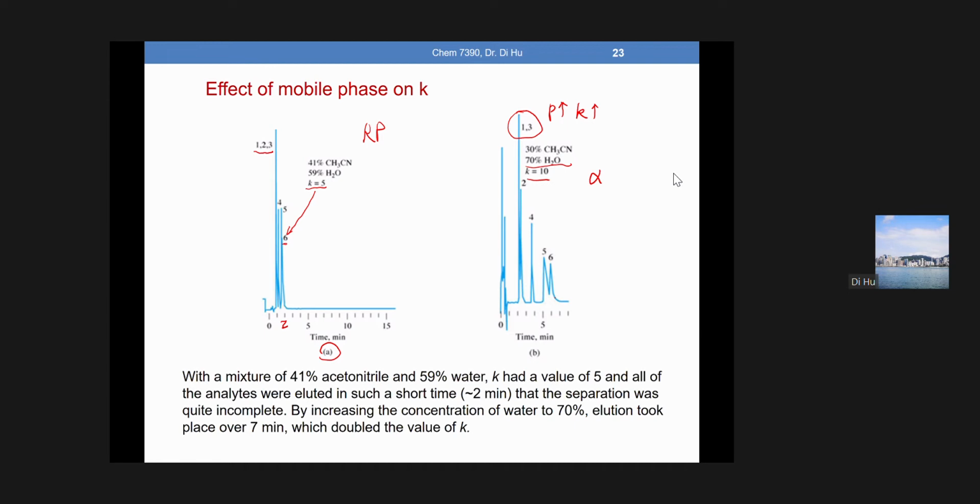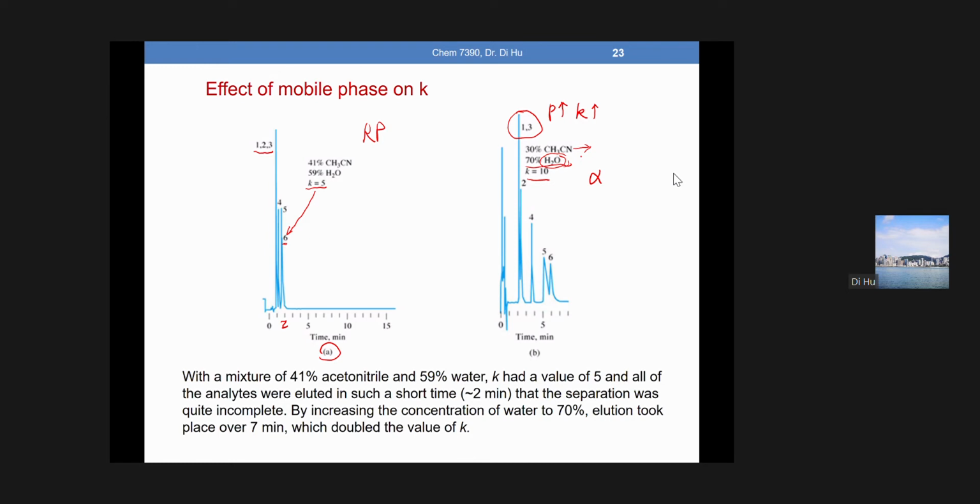Okay, don't worry. Remember that for most reverse phase chromatography, we have water. At the same time, we have organic modifier. But this organic modifier is not necessarily just ACN, right? We have other choices. You can change this organic modifier to methanol, propanol, acetone, or THF.